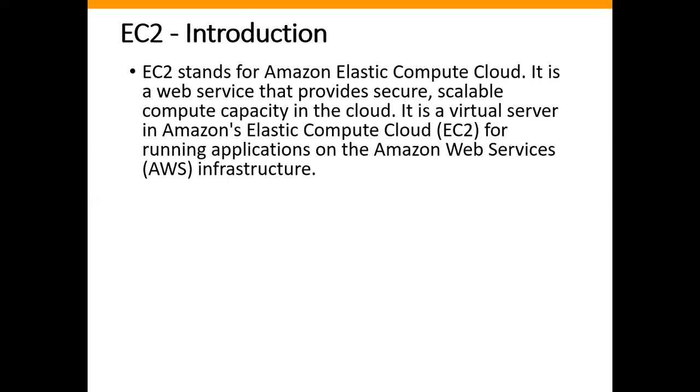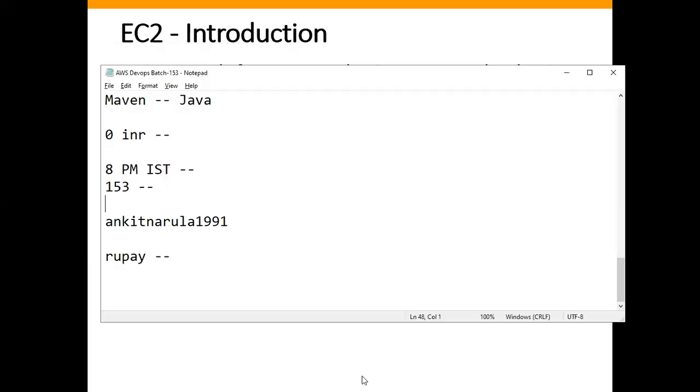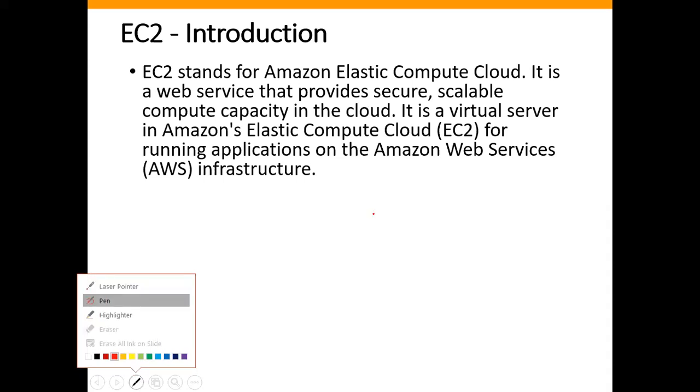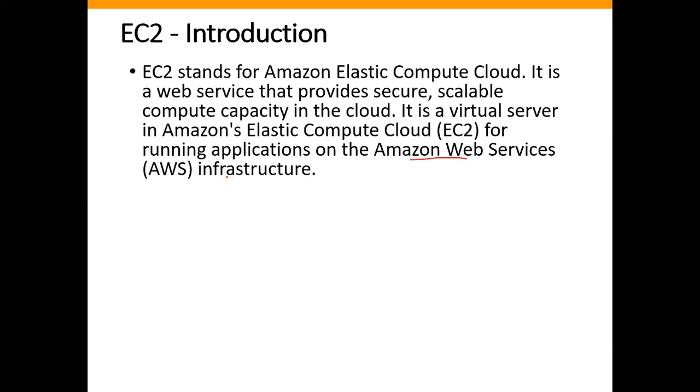In our daily language, we call it a VM, but in AWS, it is called EC2. It's a virtual server which we are going to create on Amazon infrastructure. That particular virtual server in Amazon is called EC2.